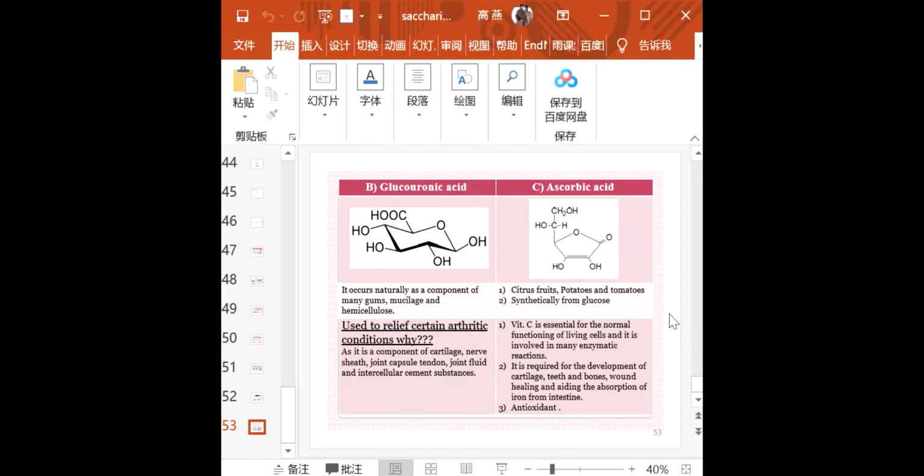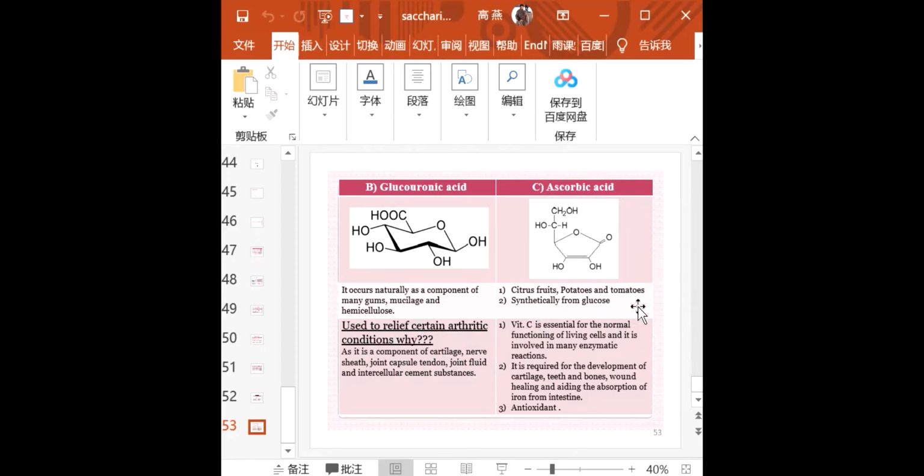It's vitamin C. So the chemical term for vitamin C is ascorbic acid. Okay, so it's naturally present in various citrus fruits, potatoes and tomatoes.